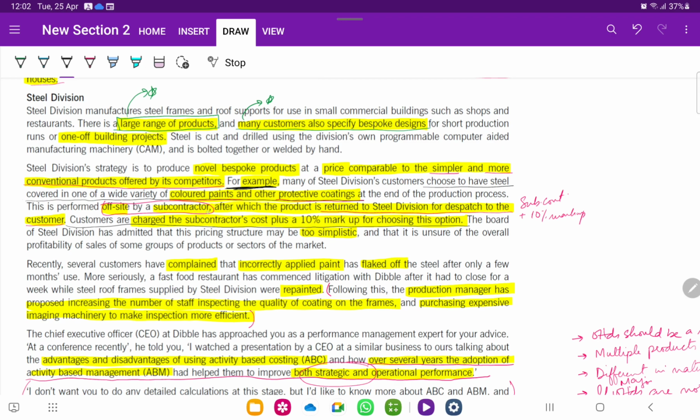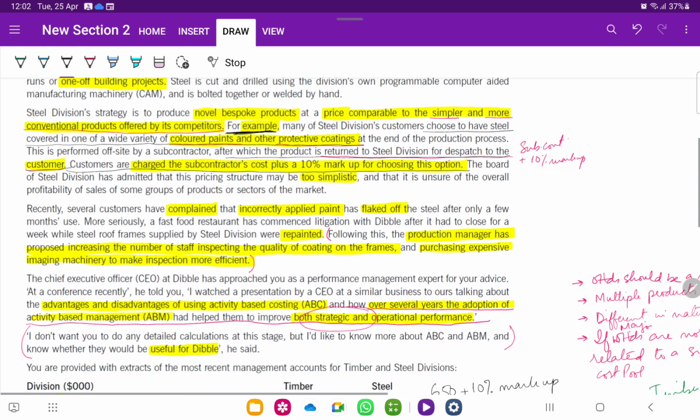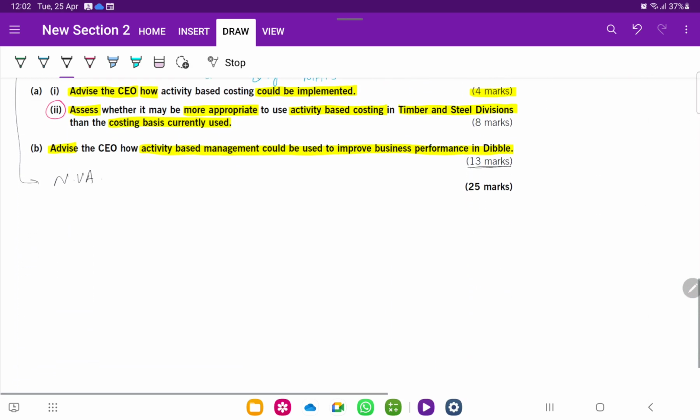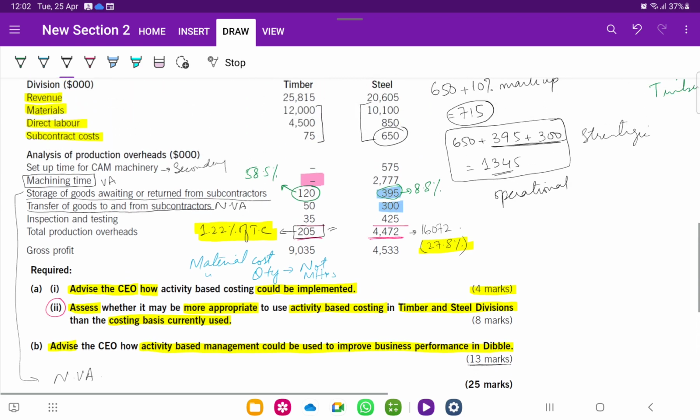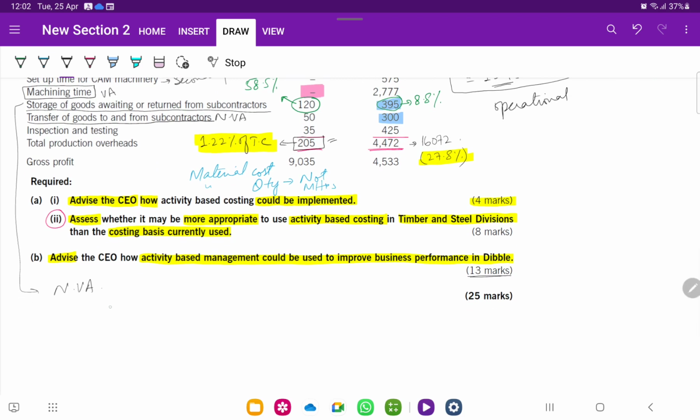This is performed by the subcontractor, after which the product is returned to the steel division for dispatch to the customer. So what we can do here is send the product directly to the customer.